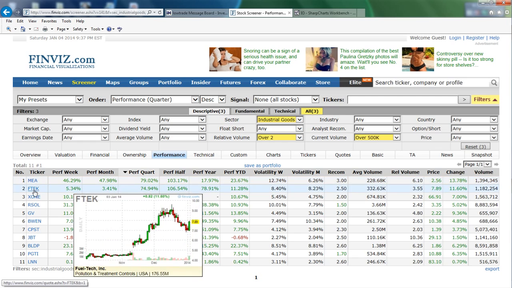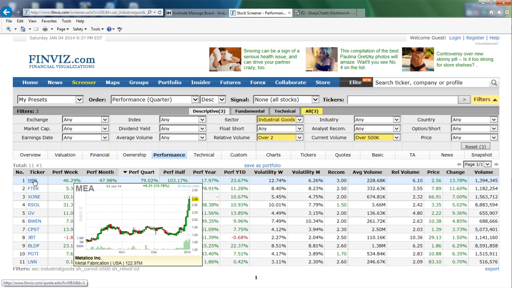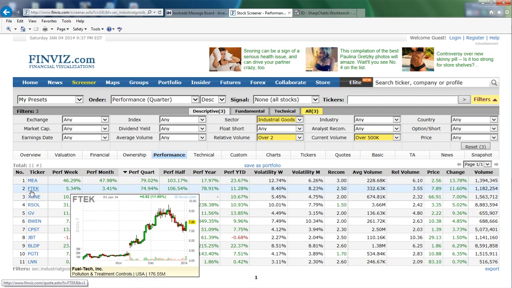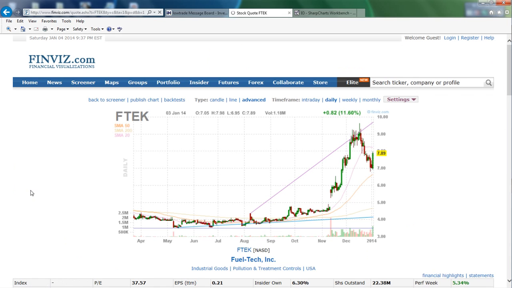Motion, don't like it. But it also shows you that because of that 1, 2, 3, 4 day run, look at all that volume. That's why you have a relative volume 6 times the average volume. Okay, this looks like it could be a heads and shoulders. Let me show you what I'm talking about.